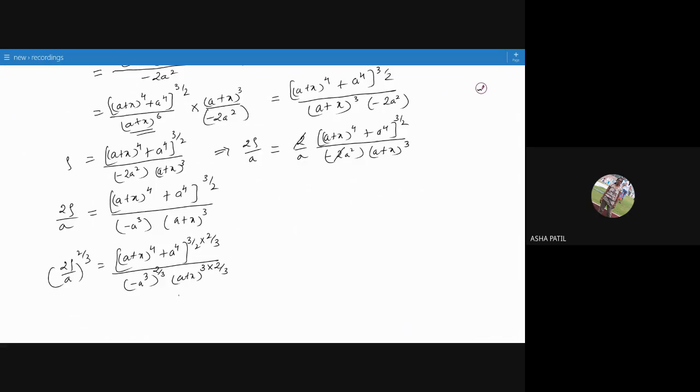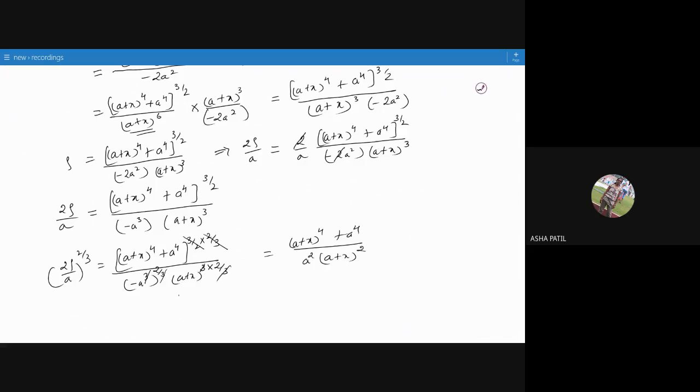Now you can see that here 3 by 2 and 2 by 3 get cancelled. Here in the denominator 3 gets cancelled. So we are left with (a plus x raised to 4 plus a raised to 4) divided by minus a whole square, means it is a square, into (a plus x) whole square.